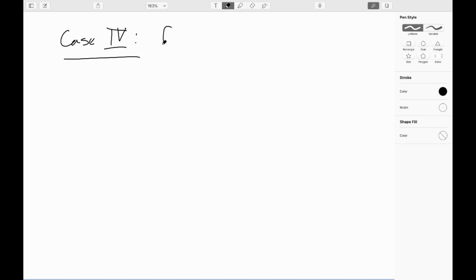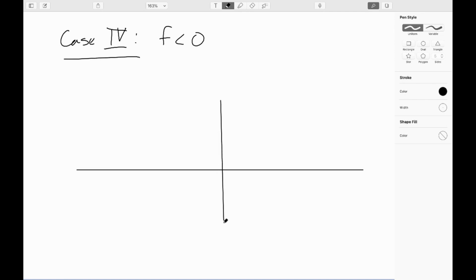will be the case for a diverging lens. So here's my optical axis. Here's my principal plane. Again, I'm just drawing a cartoon of the lens. So we're not really going to use it. All the action is going to happen at the principal plane. So we'll draw in some focal points here.